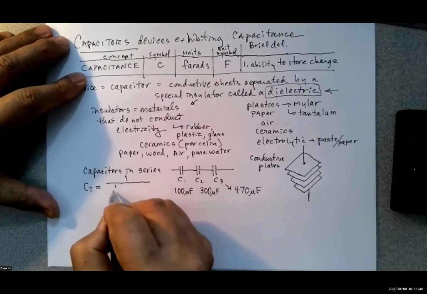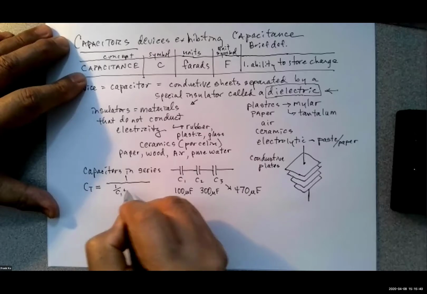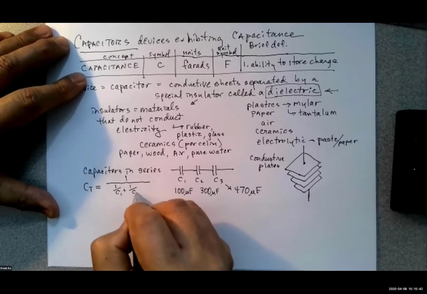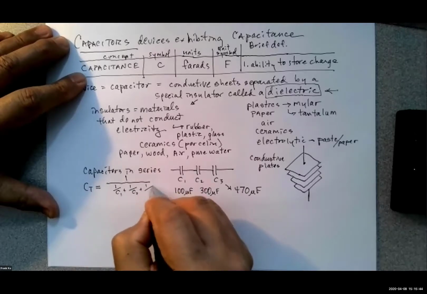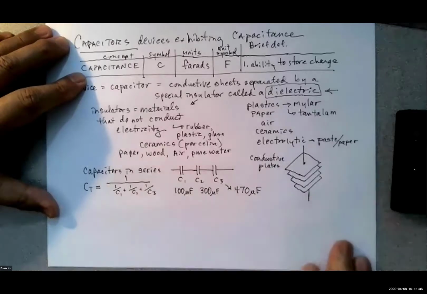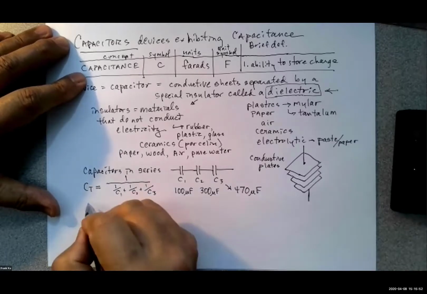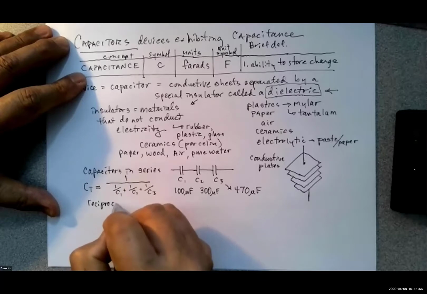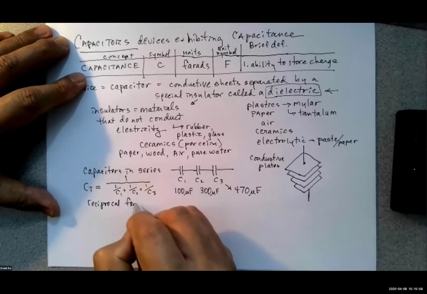It will be 1 over C1 plus 1 over C2 plus 1 over C3. So if you're going to use the reciprocal formula, I'll write this down: reciprocal formula.